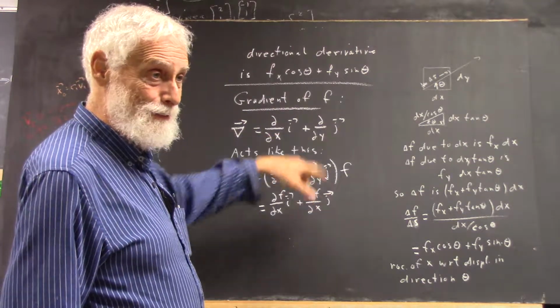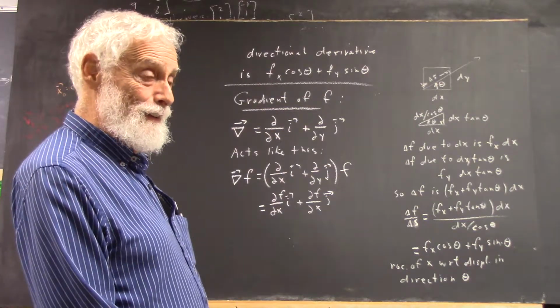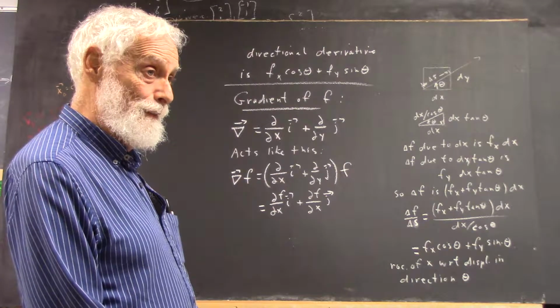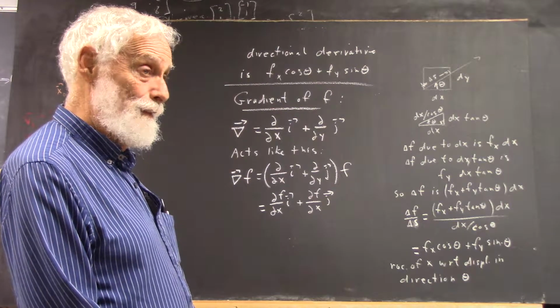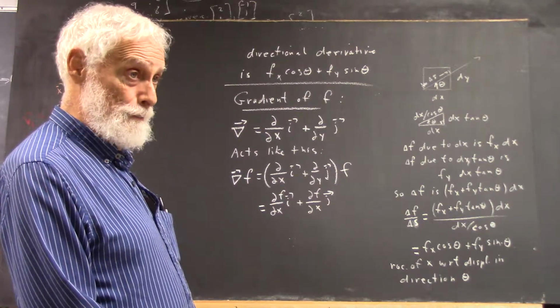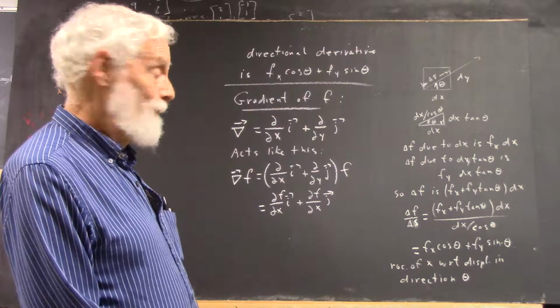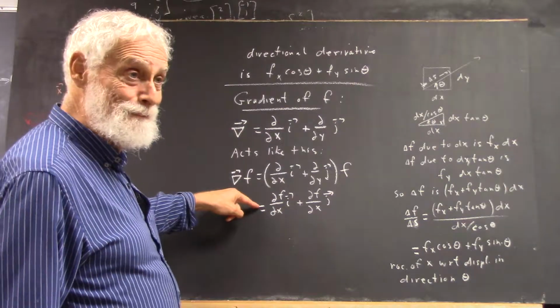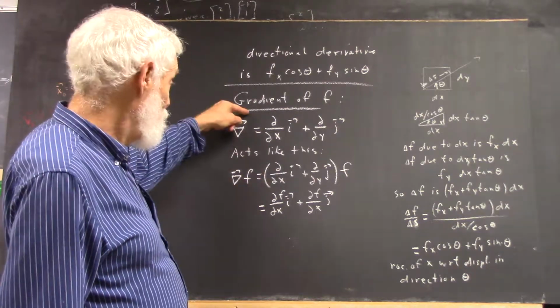Why, on that first one with the operator, aren't you taking the derivative of a unit vector? No, it's an operator. And the operator is defined by the way it acts, which is this way. Okay. That's the only definition.